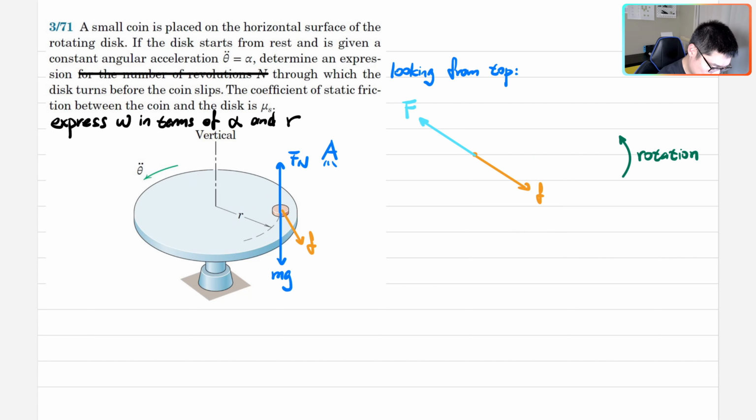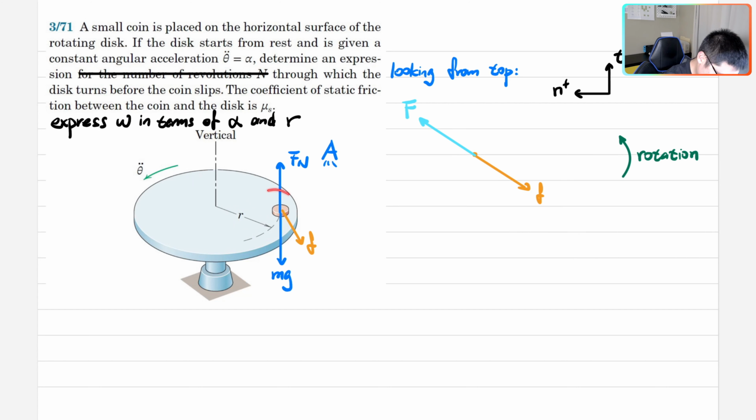Okay, and this is the coin. I just simplify this as a dot, as a particle. And we can break this into the NT system. So we'll define the normal force. The normal direction is pointing towards the center, and T is tangential to the movement.